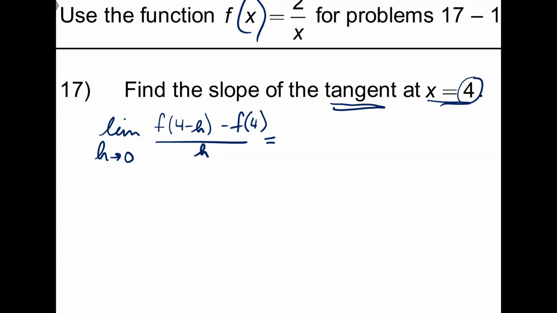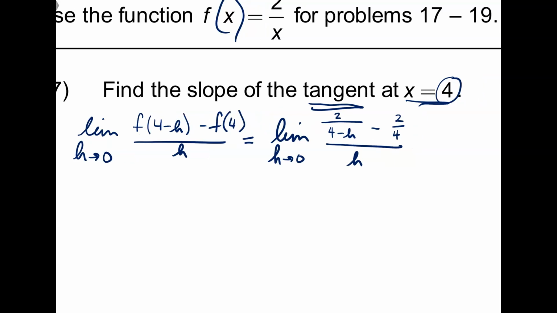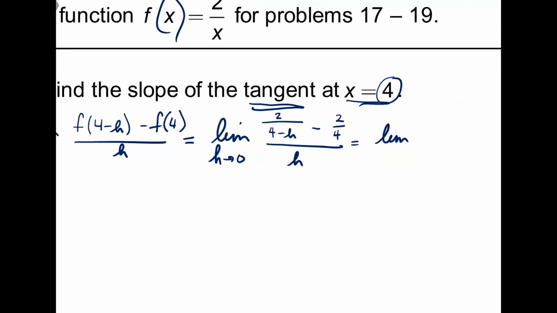So remember the function is 2 over x, so I'm going to plug it in. I have the limit as h approaches 0 of 2 over 4 minus h minus 2 over 4, all over h. This is the same thing as the limit as h approaches 0 of 2 over 4 minus h minus a half, over h. All I did was simplify that fraction. In order to combine my fractions on top, I need a common denominator.